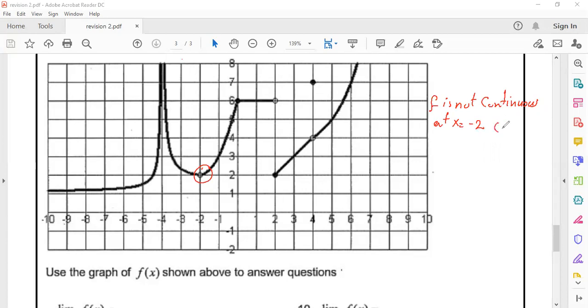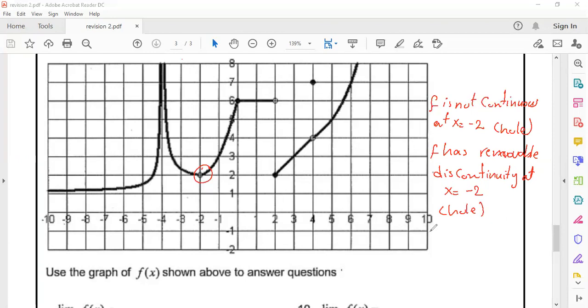Because it has a hole. So the function is continuous or discontinuous? As I told you, discontinuous. F has a removable discontinuity at x equal -2. Why? Because it has a hole.